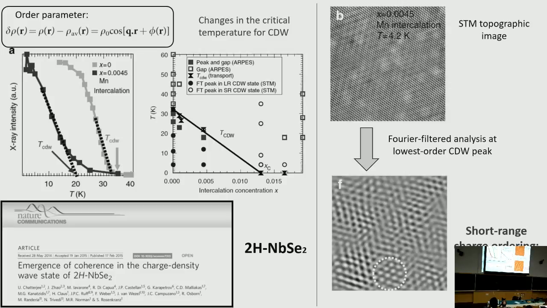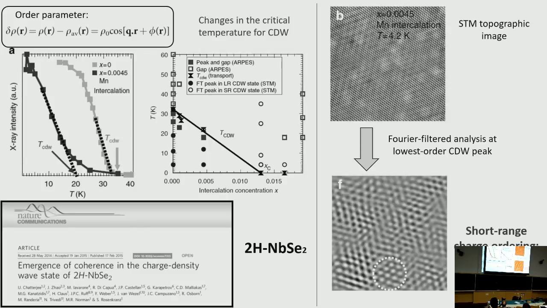Here is one experimental result showing that the X-ray intensity is pushed to lower temperatures, and the critical temperature for the charge density wave is decreased with disorder.